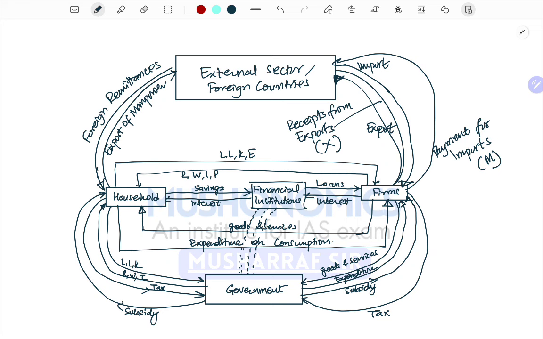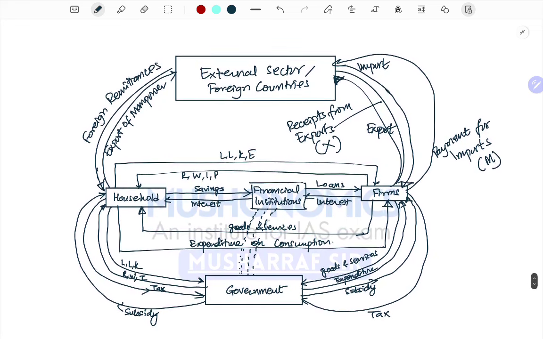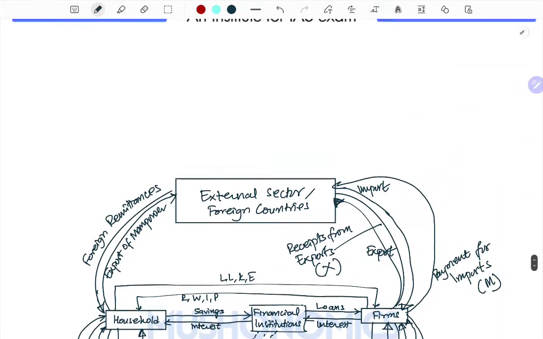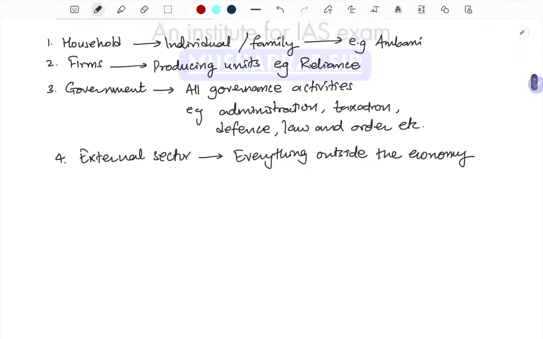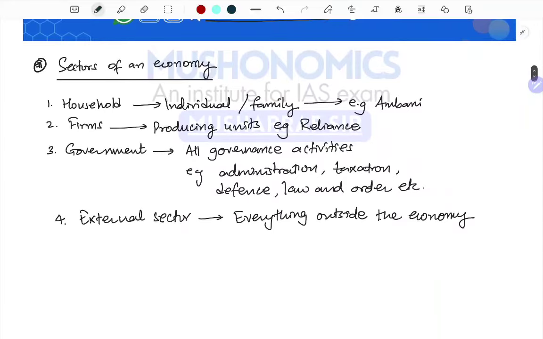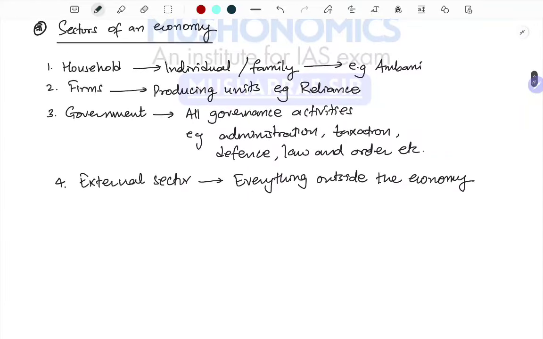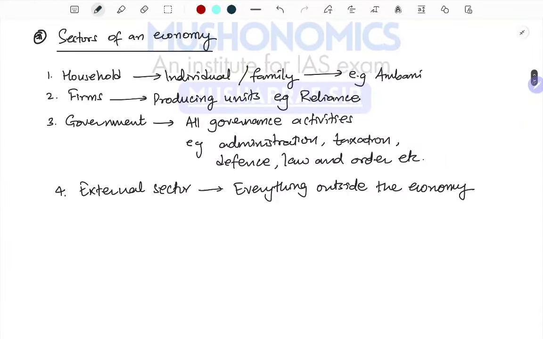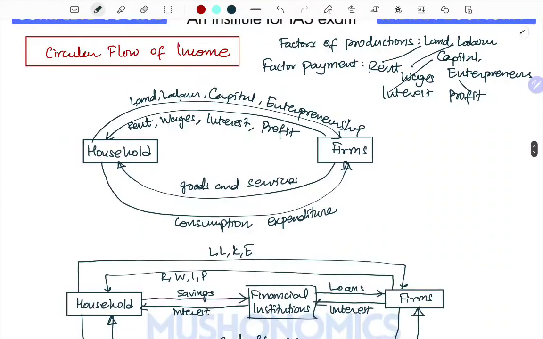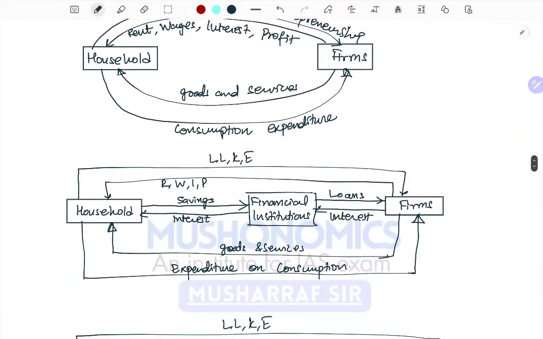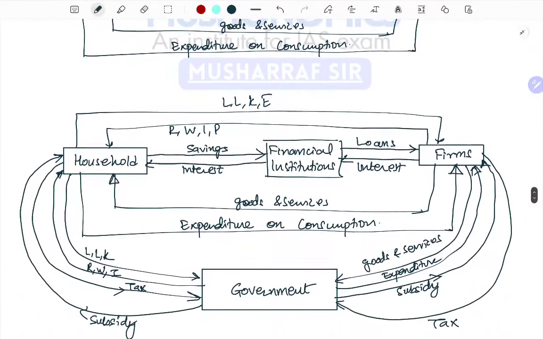So I hope you understood all these four diagrams here, and maybe it will help in understanding the circular flow of income. What we did today is we wanted to understand this circular flow of income. We discussed sectors of the economy, took only two sectors, household and firms, then introduced financial institution.